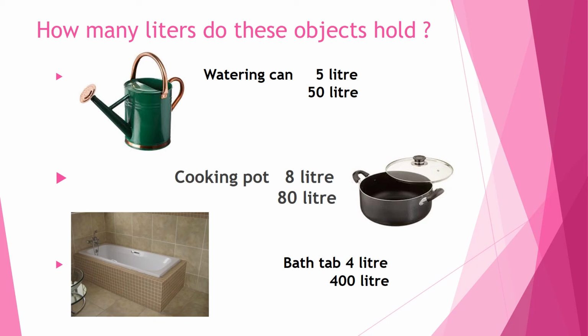Can you see the bathtub? It looks really big. So do you think this bathtub is going to take 4 liters of liquid or of water or 400 liters? Okay, I think it's going to take 400 liters of water because it looks so big. Excellent.